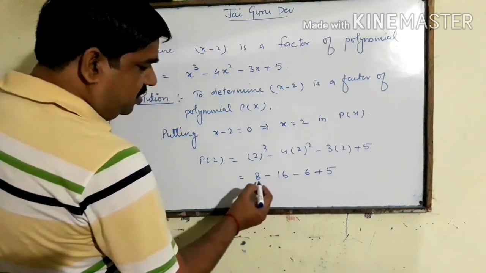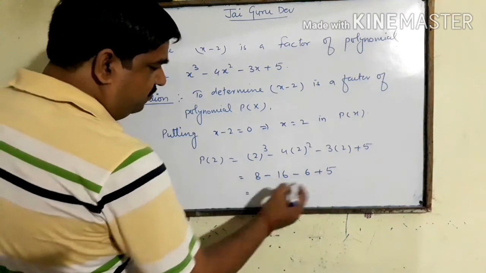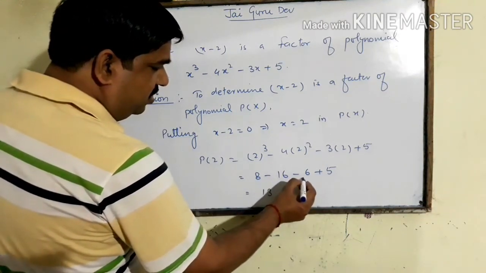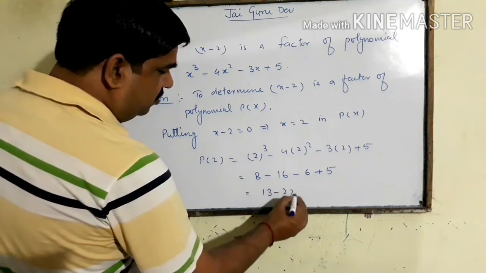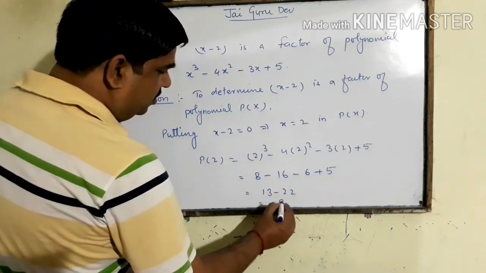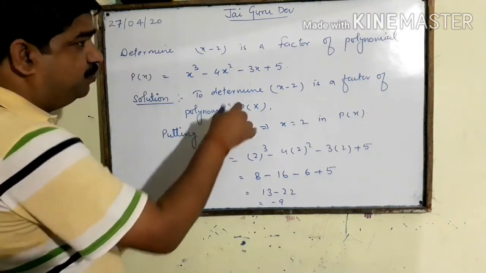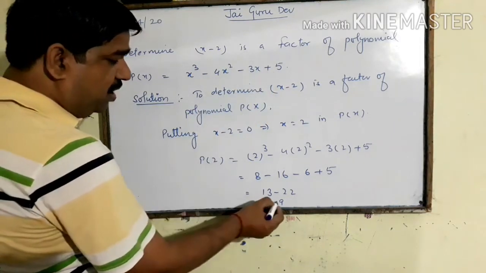Positive 8 and positive 5 become 13, negative 16 and negative 6 make minus 22, so it is minus 9. So the value of p(2) is minus 9.